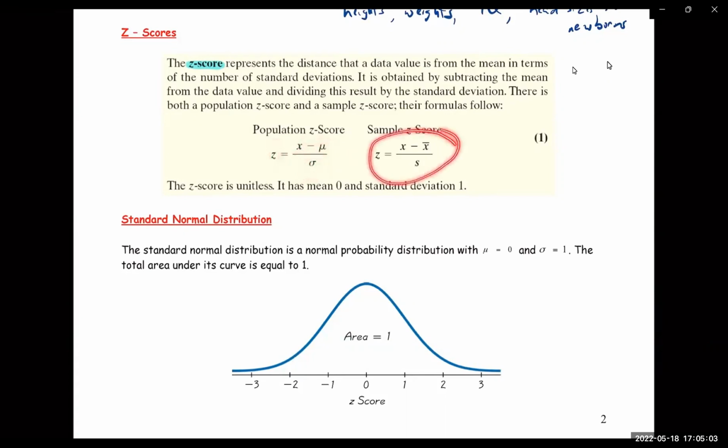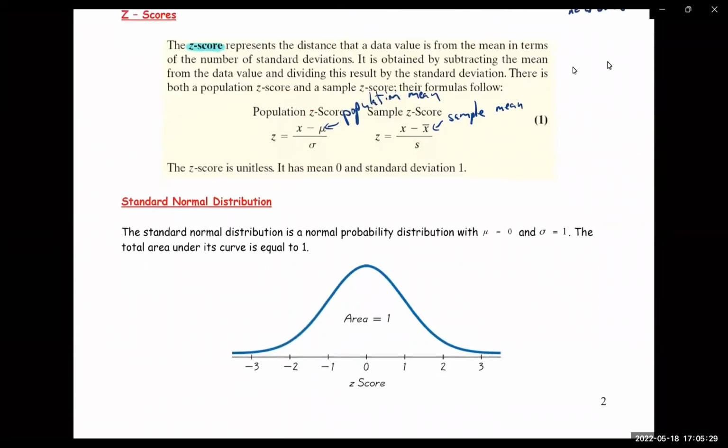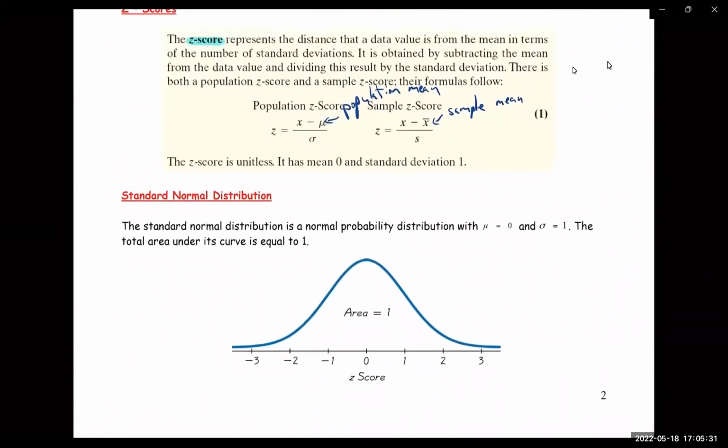This is the same thing, except instead of the mean, this is the sample mean, and this is the population mean. They say it here, population versus sample. This is the sample standard deviation, and this is the population standard deviation. We'll do some examples to make this make more sense.